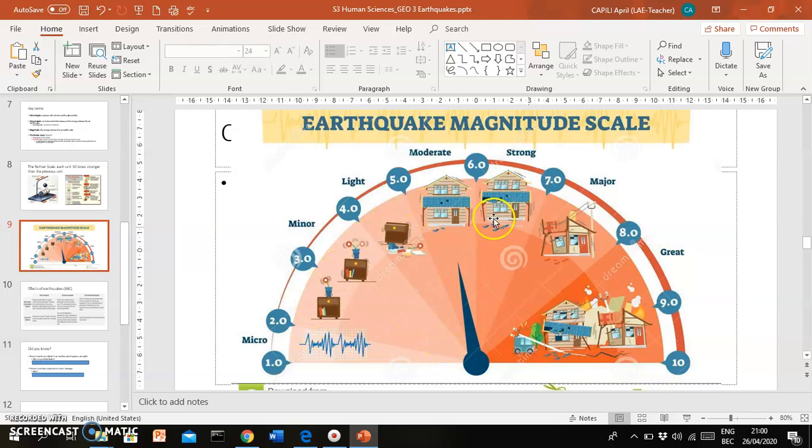Another way of understanding the magnitude scale or the Richter scale, which gives us an idea of how powerful an earthquake is. So you can see there, if you're talking about an eight or a nine, that's almost total destruction in the area where the earthquake happened.